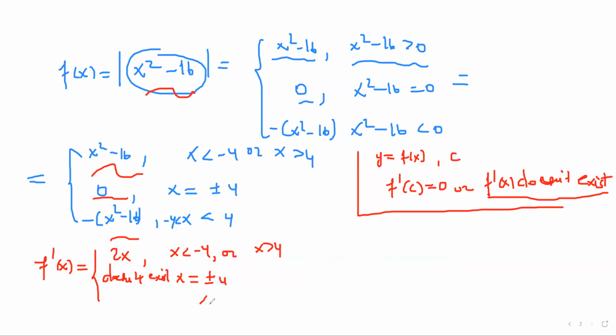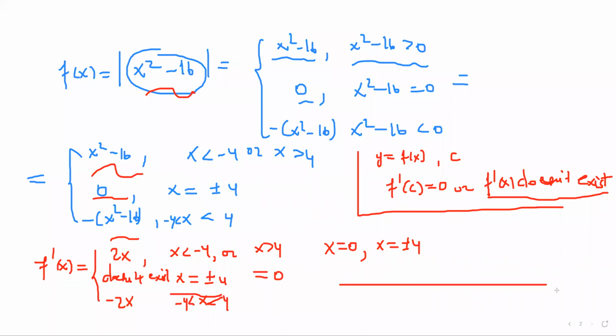And if x is greater than -4 and less than 4, we have -2x. Equating it to 0, we get the point x equals 0. But we shouldn't forget that x equals plus or minus 4 can also be points of extremum because they are already critical points.